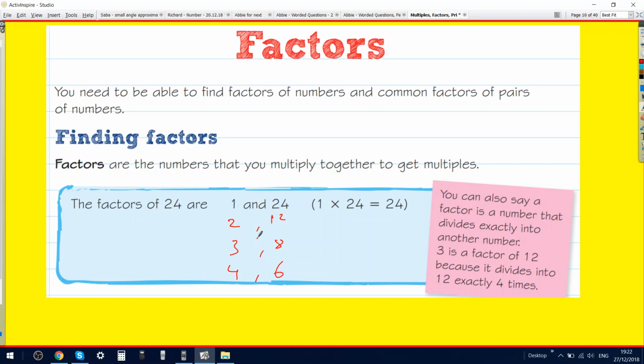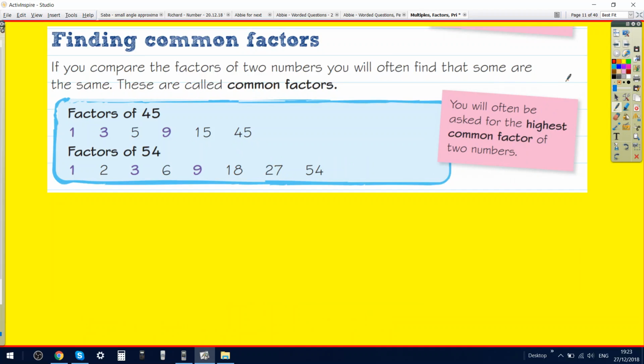You can't do 5 because it's not in the 5 times table. 6 and 3? That would make 18. No, 6 and 4. Yeah, and so now we've kind of gone back around, and so we stop there. So the factors of 24 are 1, 24, 2, 12, 3, 8, 4, and 6. Those are the numbers that multiply to make 24.